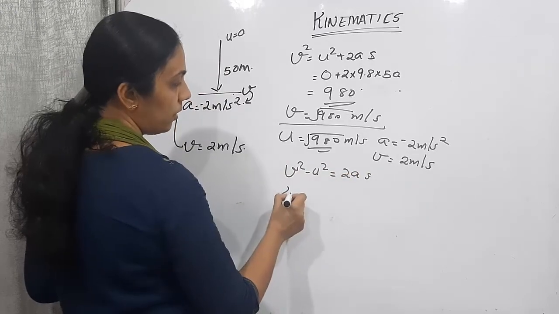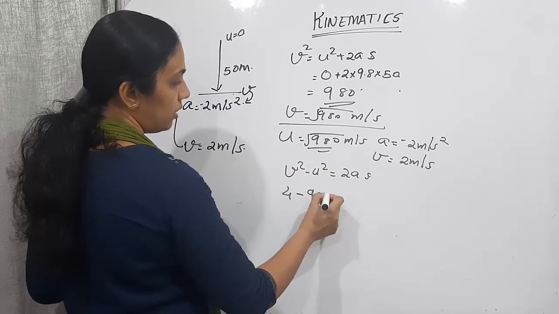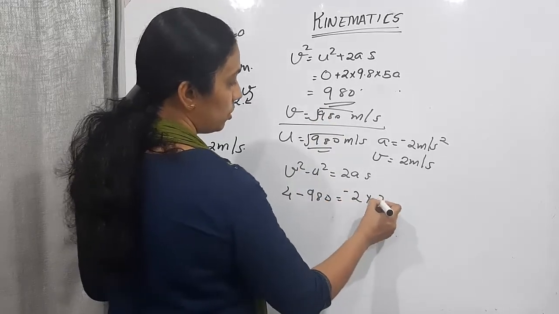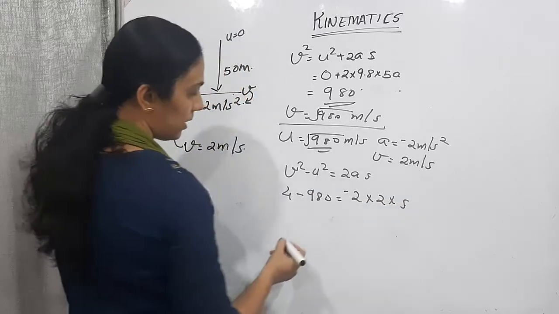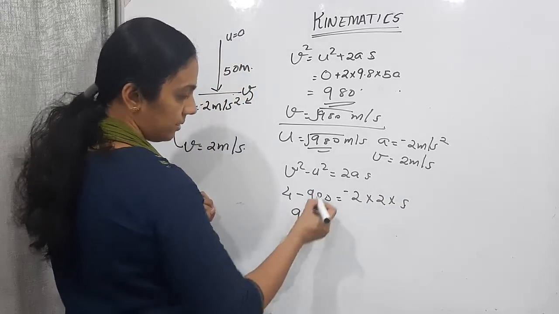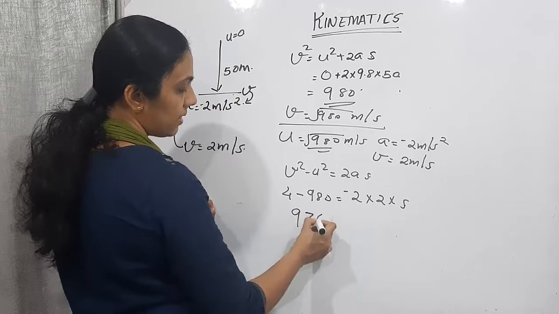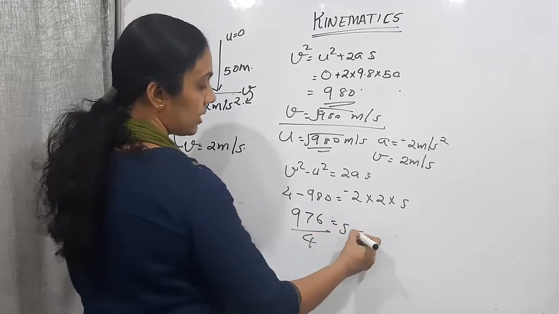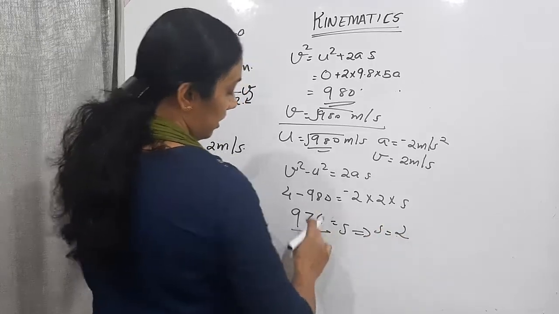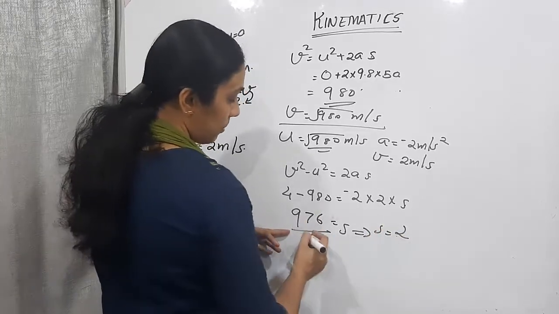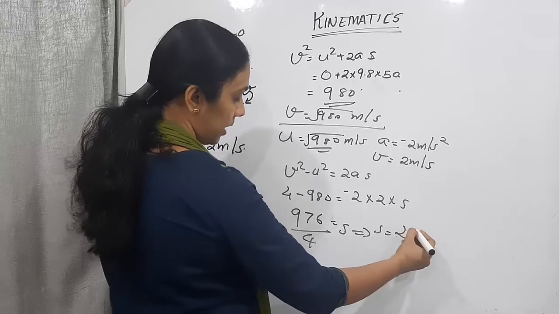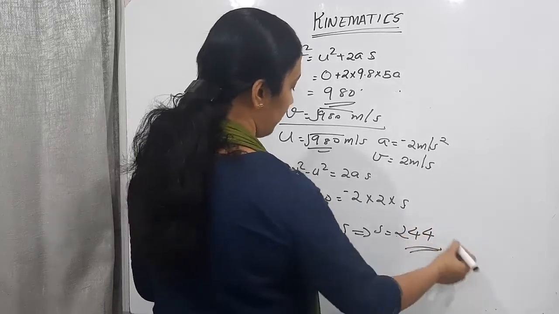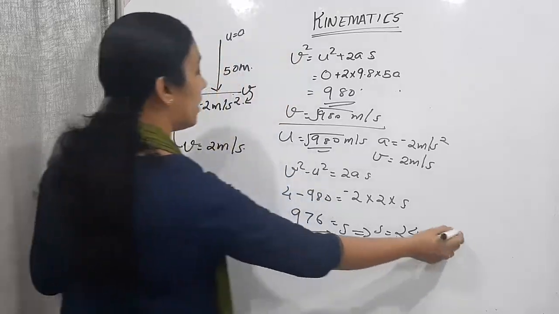In that, 4 minus 980 equals 2 into minus 2 into S. Therefore we get 976 divided by 4, which is 244. 244 is the distance we are getting here.